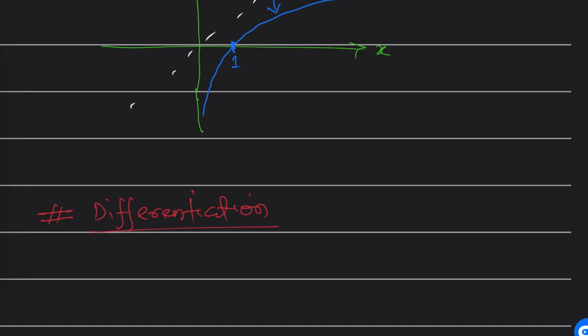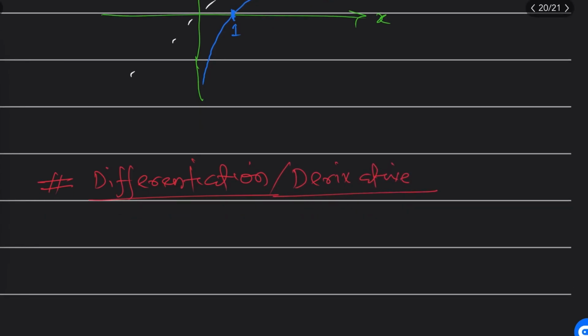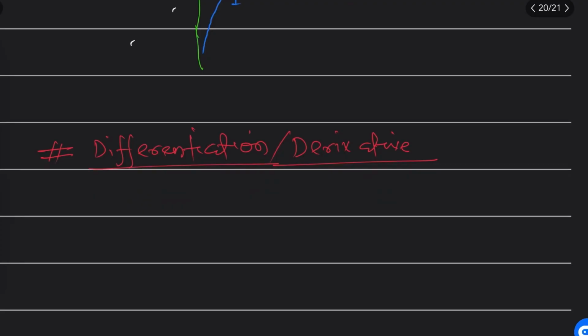Differentiation is also known as derivative. Why are we naming this differentiation and derivative? Let's talk about it, and let me introduce it a little bit, because for NEET students this is the first time and this will be the last time, because if they are not going to study maths, they will use it in physics only.